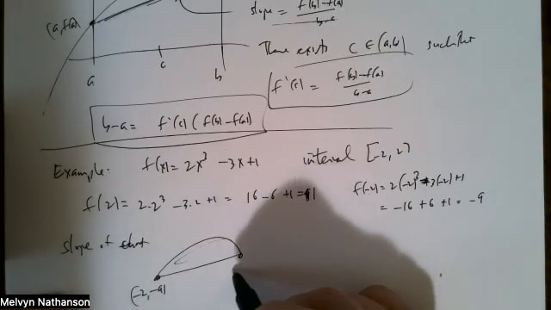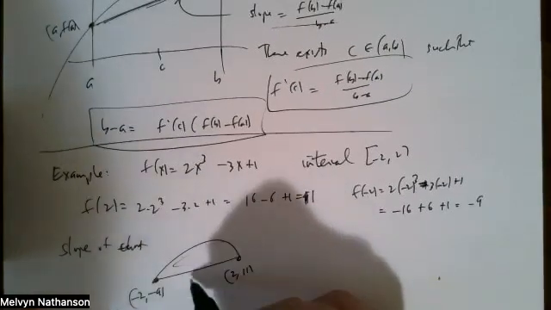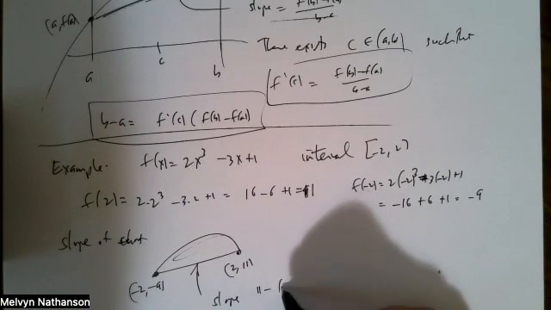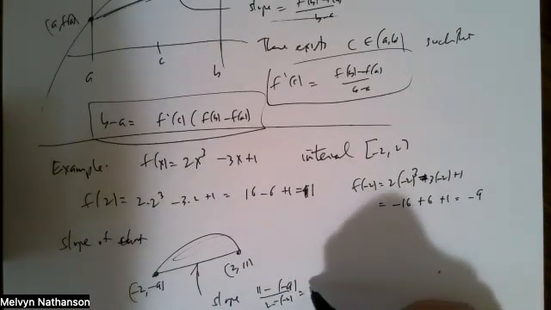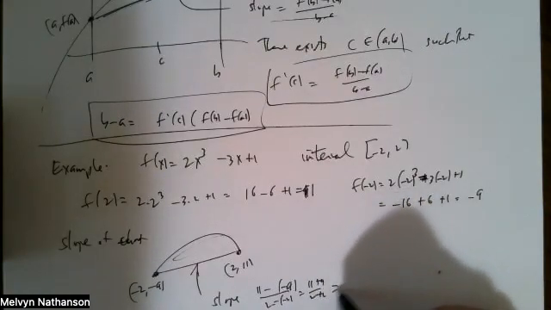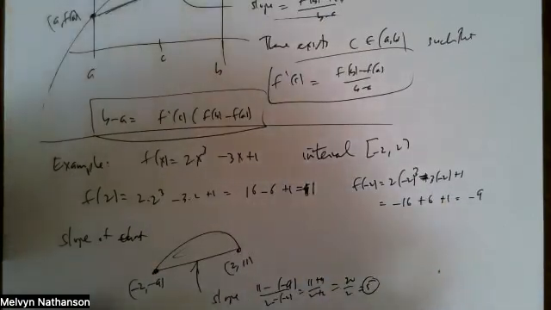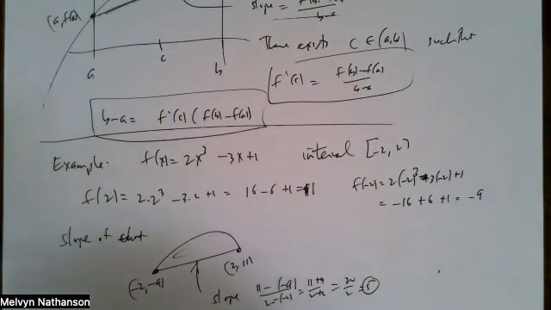This is the point 2, 11. And what is the slope of this chord? 11 minus minus 9 over 2 minus minus 2. 11 plus 9 over 2 plus 2 is 20 over 4, which is 5.